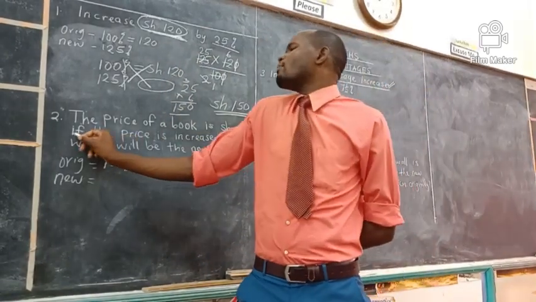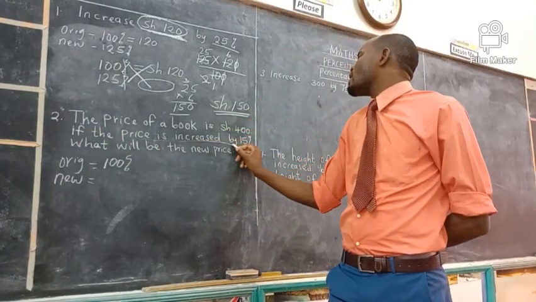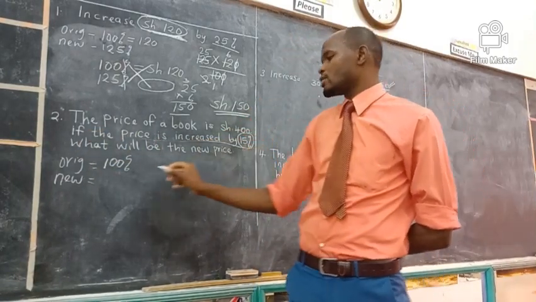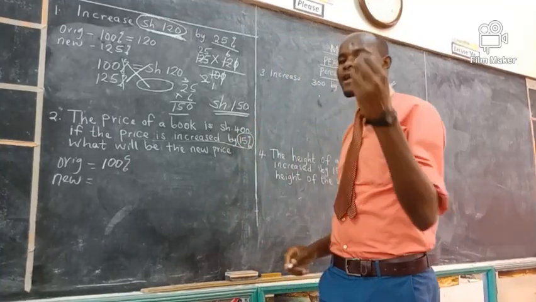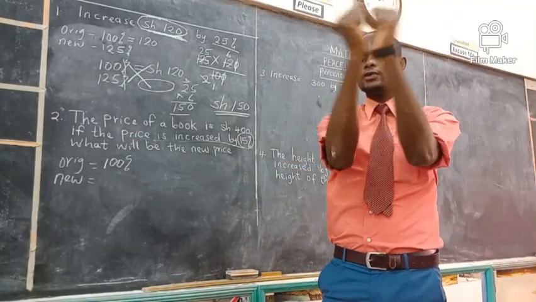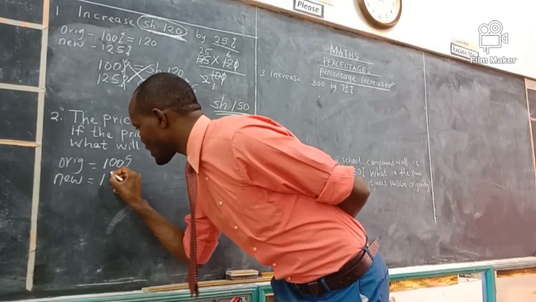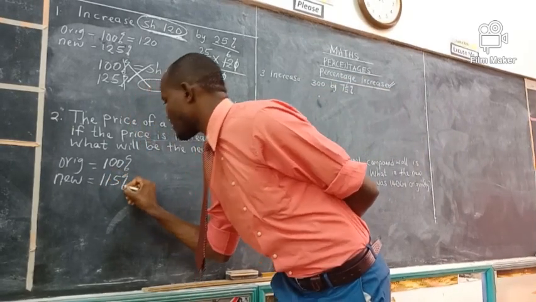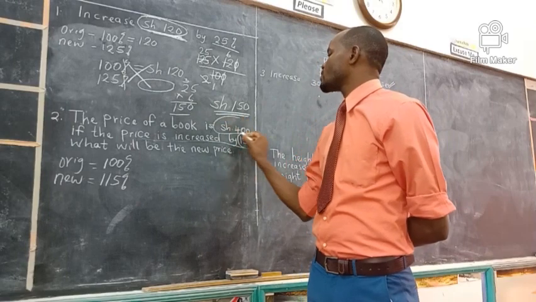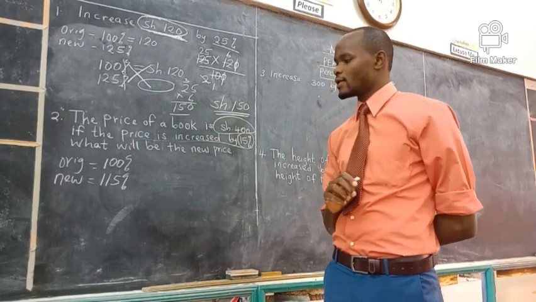Now, the question is talking about after increasing by 15%. The original percentage was 100%. Then you add 15%. What are you supposed to get? You will get 115%.